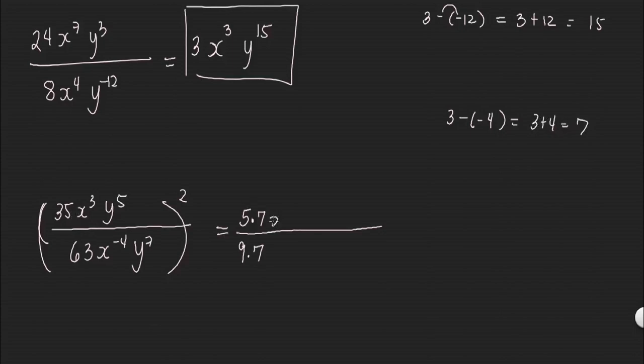So we have x, ibabaw siya, raised to 7. And then we proceed to y to the fifth over y raised to 7. So 5 minus 7 is negative 2. Okay? Ang sagot dito ay y raised to negative 2. So, hindi pa yun ang final answer.